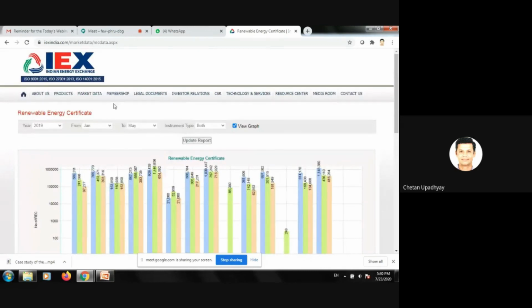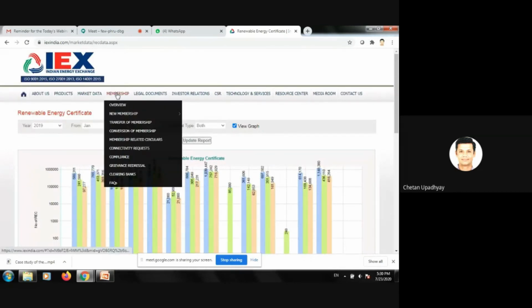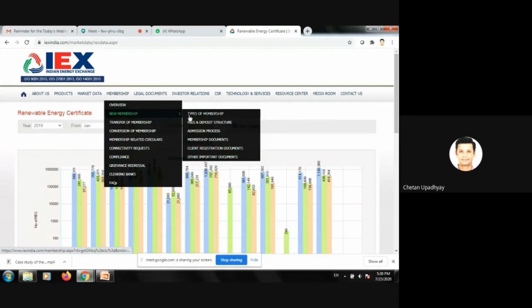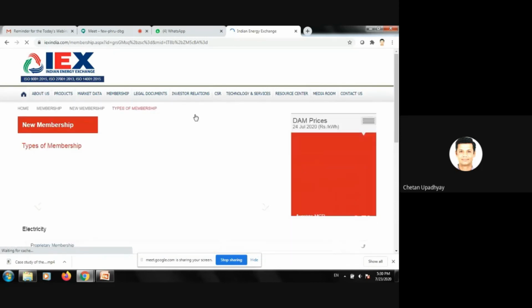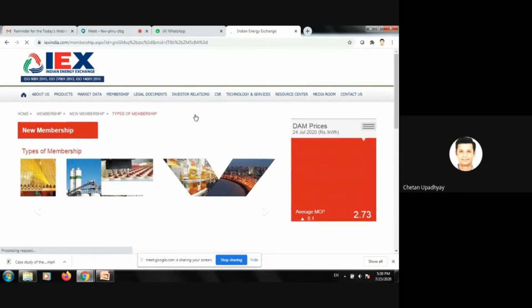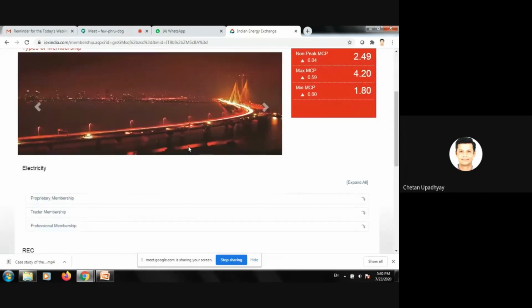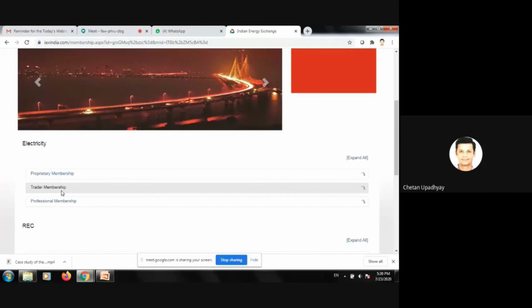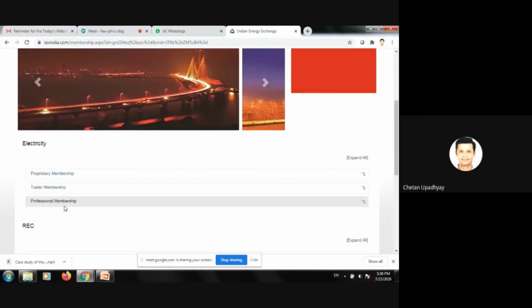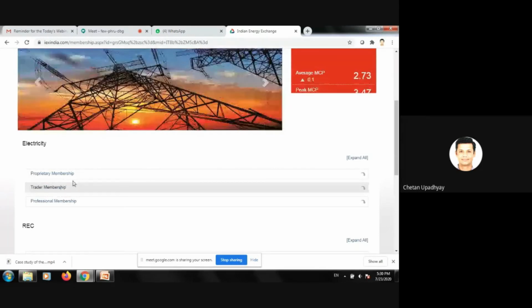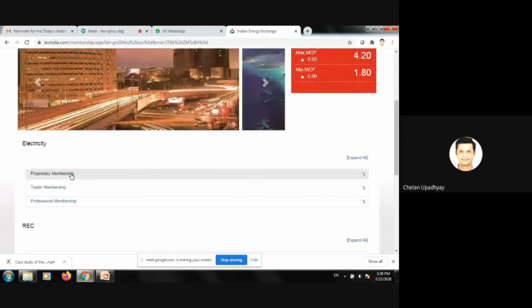If you go with the membership, suppose I want to become a participant of this, I have to take a new membership. There are types of memberships. This is not available in the application, so that is why I directed you to the website. There are types of membership, that is proprietary, trader, and professional membership. You have to log in, you have to provide your financial data, and you have to give your PAN numbers.